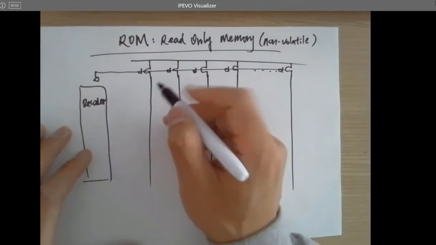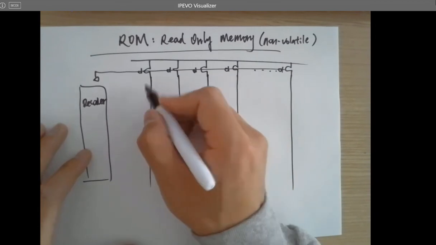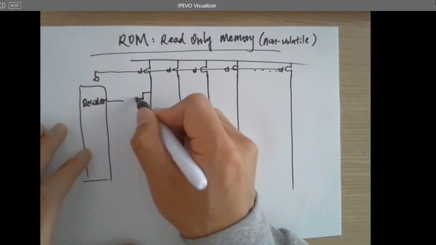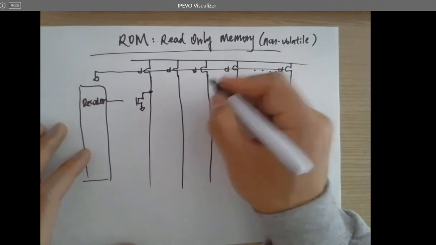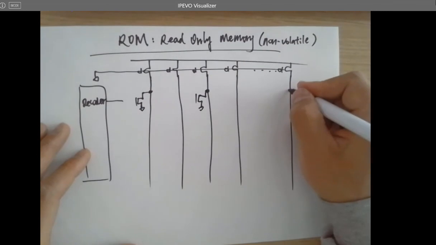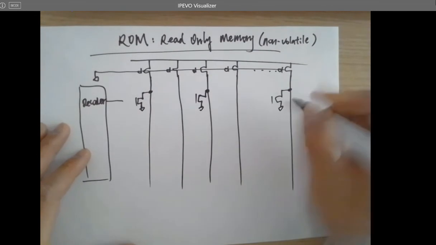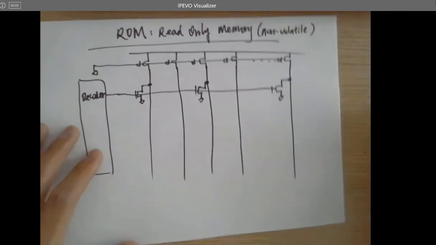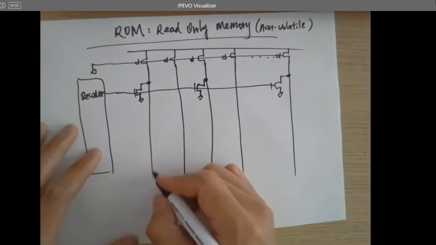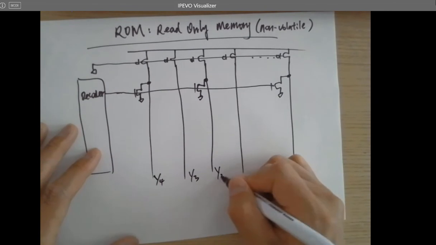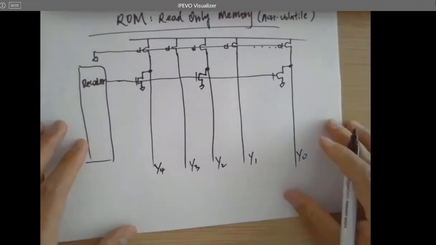So for example, I have a decoder here, and that's an NMOS, and here's another NMOS, another NMOS, and this word line is going to turn on all these NMOSes at once, and these are the outputs. For example, it's called Y4, Y3, Y2, Y1, Y0.